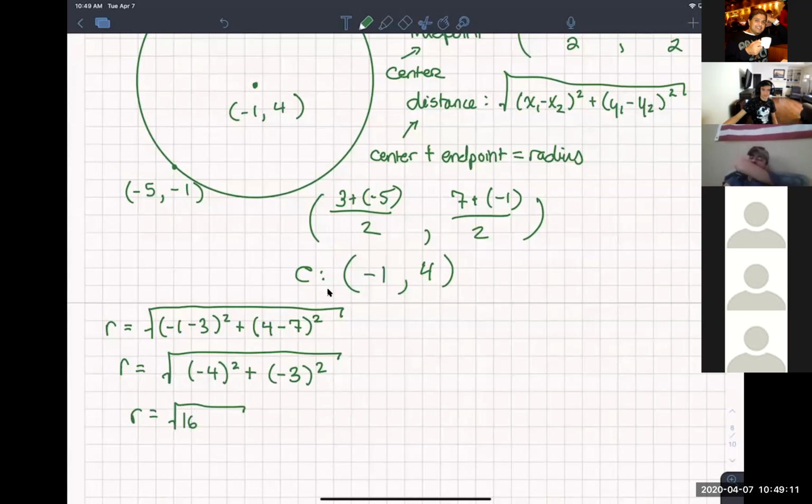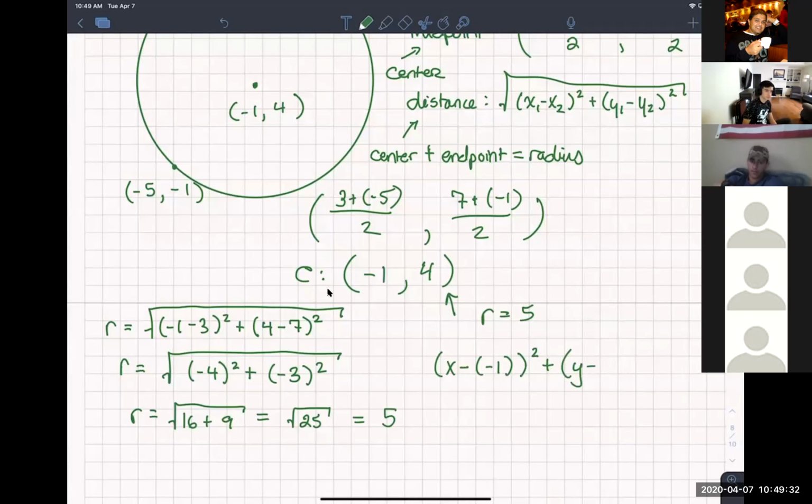That's 16 plus 9, which is 25, so the radius is 5. So now that I know my center is at -1, 4, and the radius is 5, I plug it in. So x minus -1 squared plus y minus 4 squared equals 5 squared. So the equation of the circle is x plus 1 squared plus y minus 4 squared equals 25.